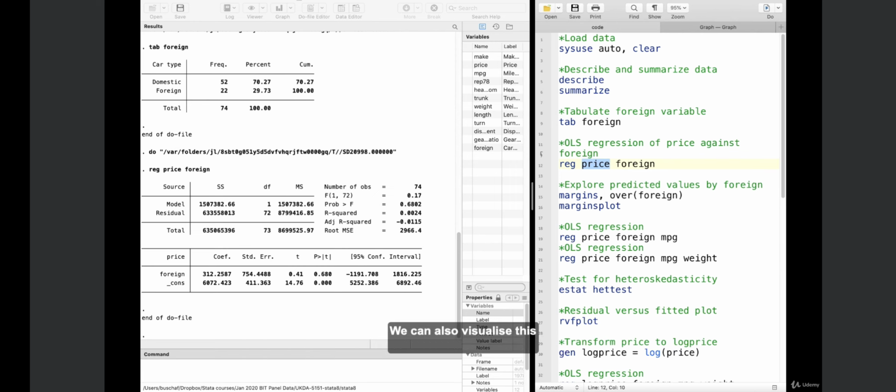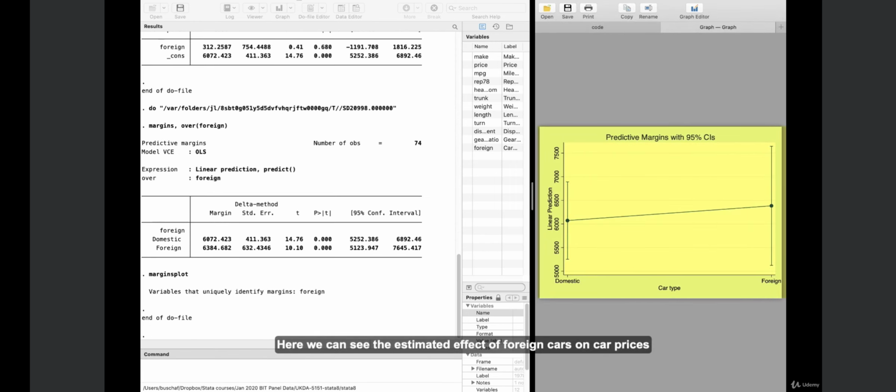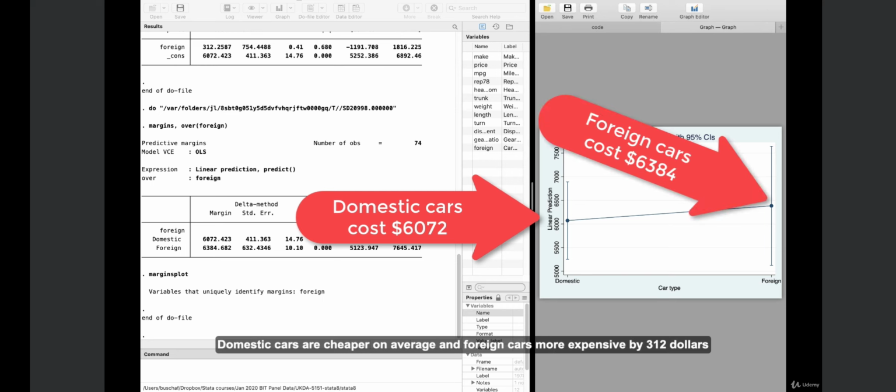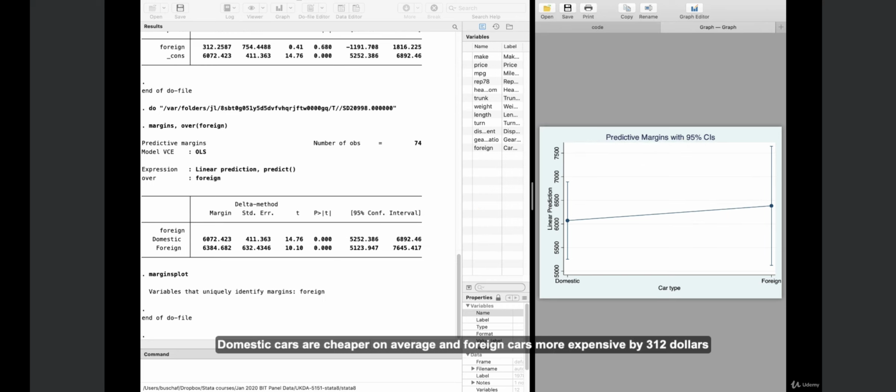We can also visualize this. Here we see the estimated effect of foreign cars on price. Domestic cars are cheaper on average and foreign cars more expensive by $312.